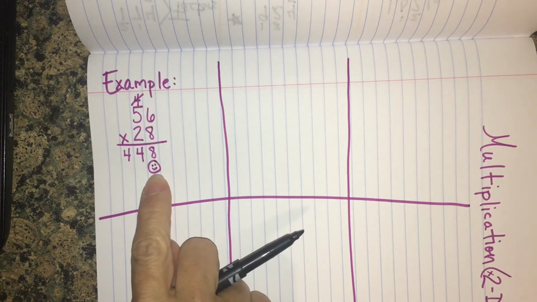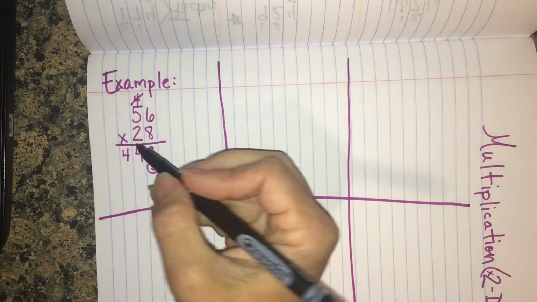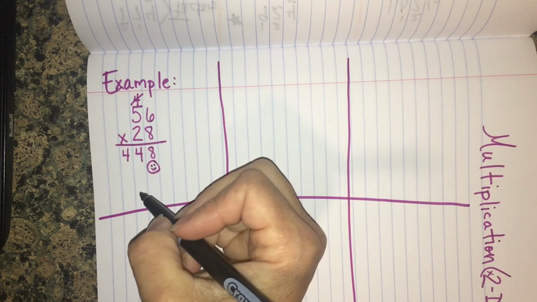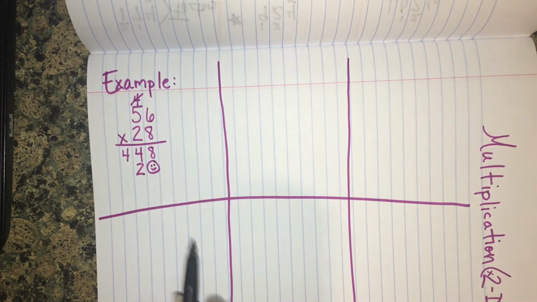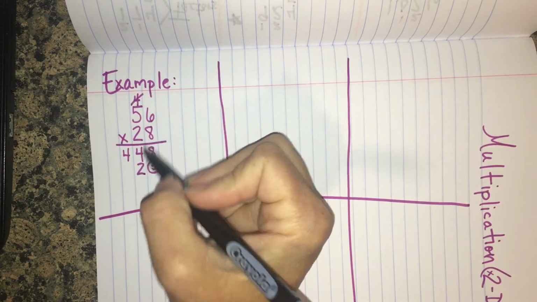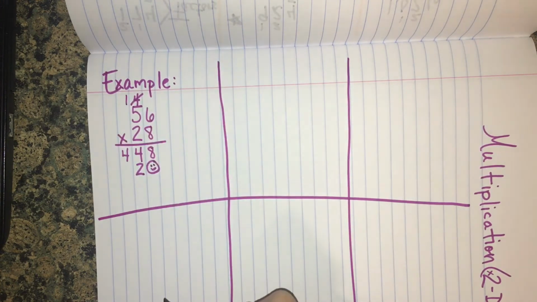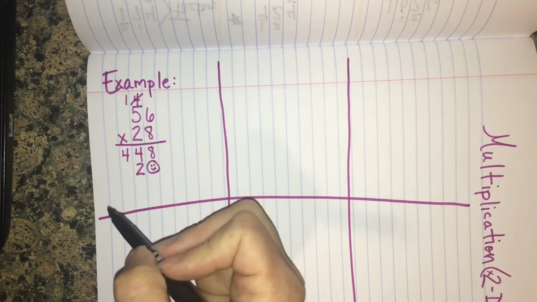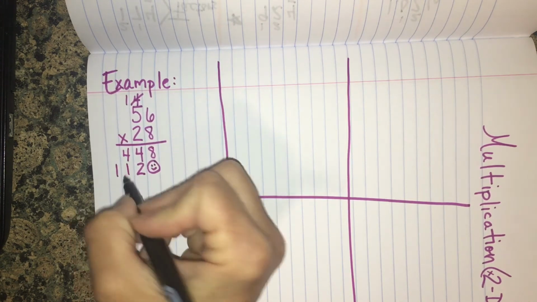So don't forget my happy 0 when you move to the tens place, because we're doing 20 times 6, which is 120, and it cannot go in the ones place. So 6 times 2 is 12. I'm going to put a 2 here and a 1 up here. 5 times 2 is 10 plus 1 is 11.